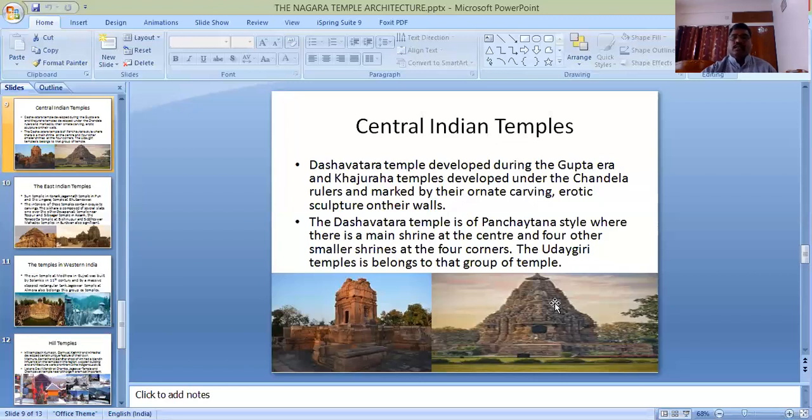The Udayagiri temple, situated in Central India, is also of that type, and these are the Central Indian temple architecture.